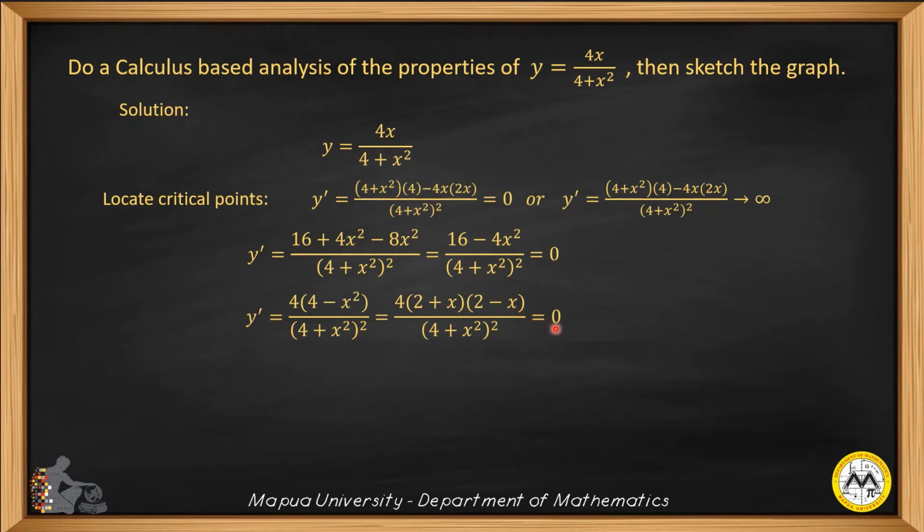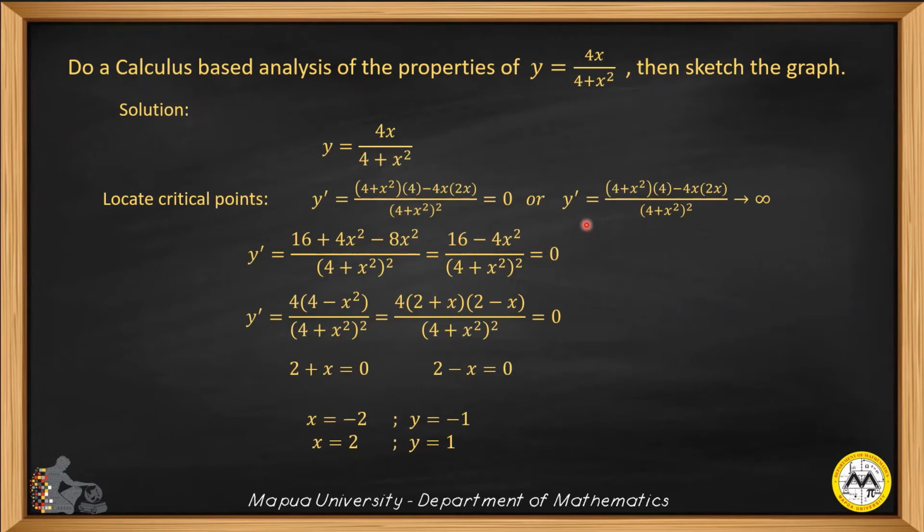So working now with the product 4 times 2 plus x times 2 minus x, representing the numerator 16 minus 4x squared, setting this product to 0 would mean either 2 plus x is 0 or 2 minus x is 0, and this will give us x values of -2 or +2, where correspondingly y would be -1 or +1.